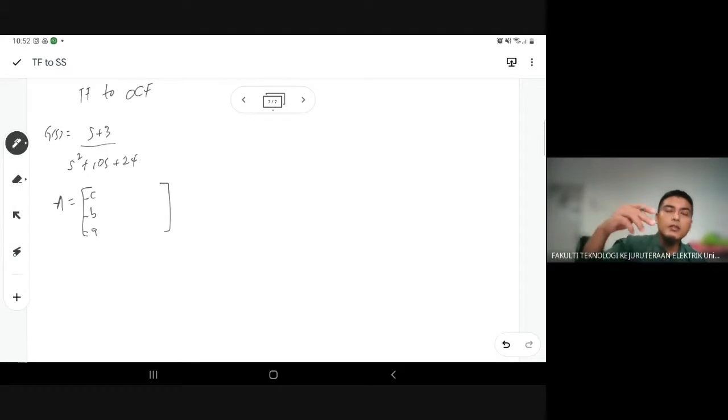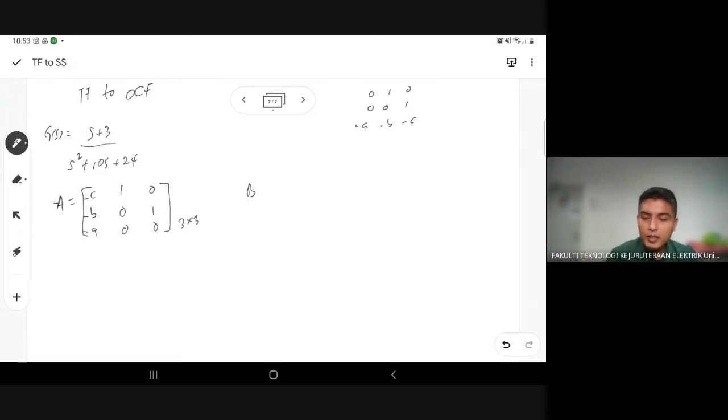I need to look at 0, 1, 0, 0, 0, 1, negative a, negative b, negative c. Let's say for the 3 by 3, the basic concept. And then the B here, for the A, you need to read from right to left again.